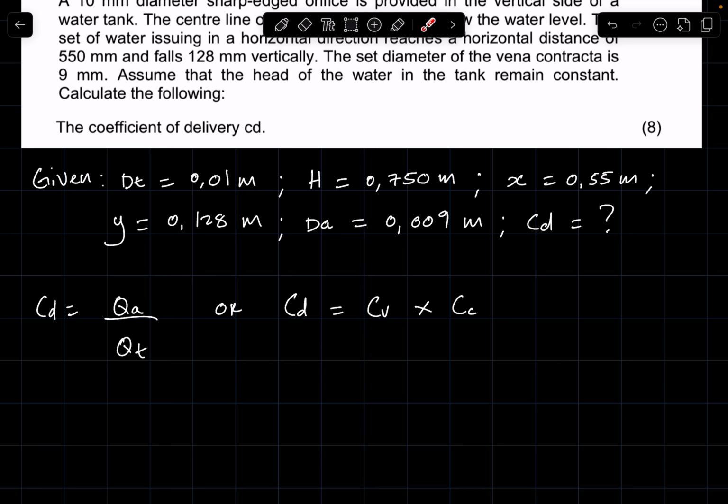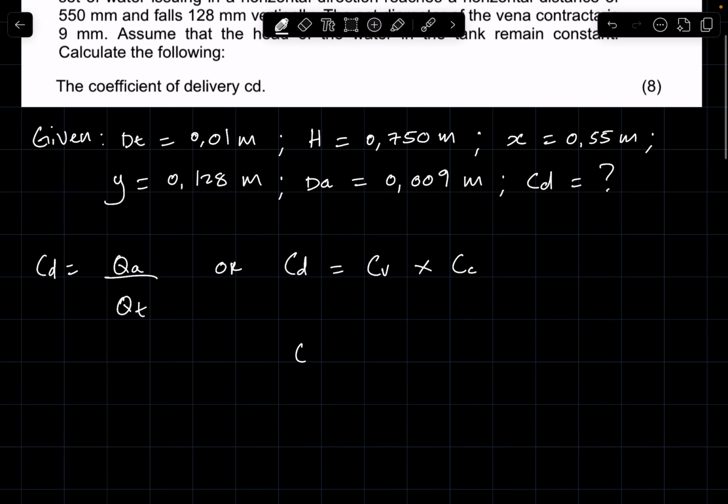Now the question is, how do you get to either this or this or this or this, right? Either way, in having to calculate all of these quantities, remember that the general formula for calculating Q is the area times the velocity, right?